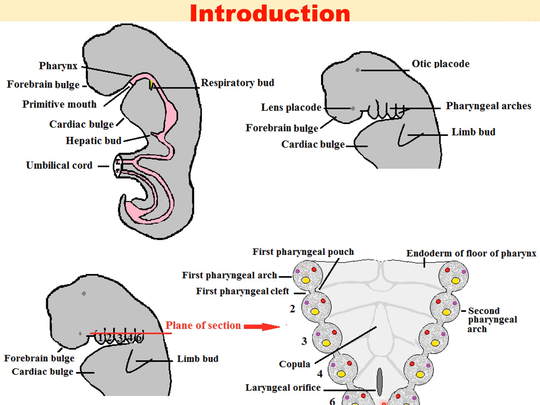There are derivatives of the mesoderm, which we call the pharyngeal arch derivatives, and there are ectodermal derivatives, which we call pharyngeal cleft derivatives, and also on the other side there are endodermal derivatives. We call them pharyngeal pouch derivatives.